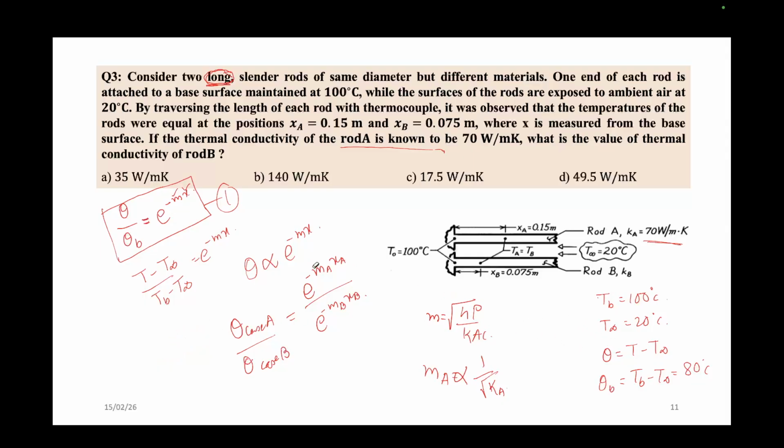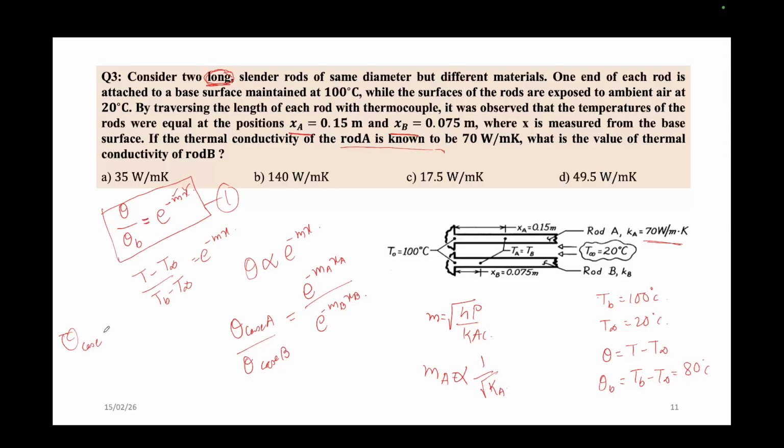So Biplobji, it is clear. See, another important thing is that at x_A and x_B, the temperatures are equal. That means theta case A and theta case B are equal, right?